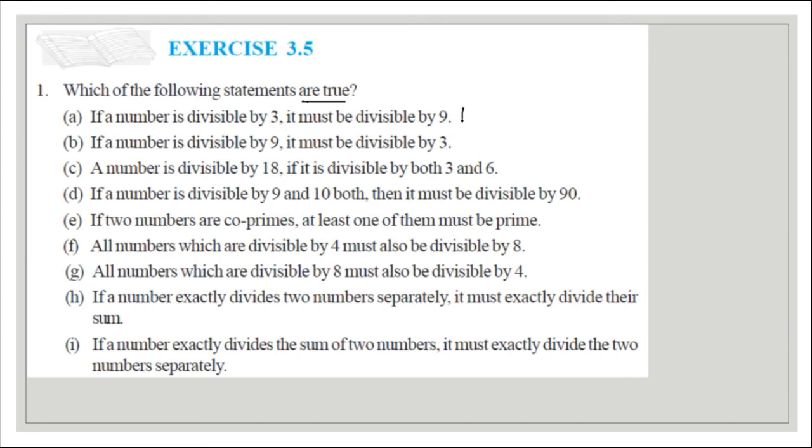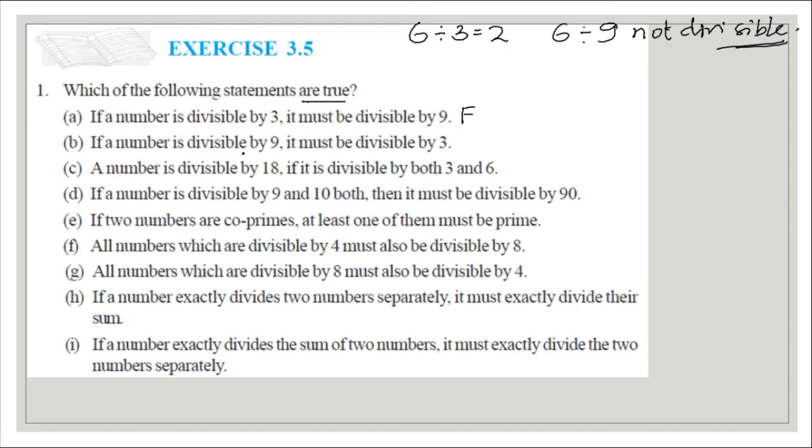This is a false statement. Why? 6 is divisible by 3, but 6 is not divisible by 9. We will not get a quotient as integer. So this statement is a false statement.